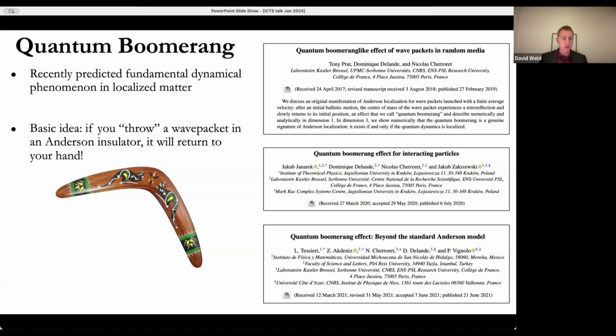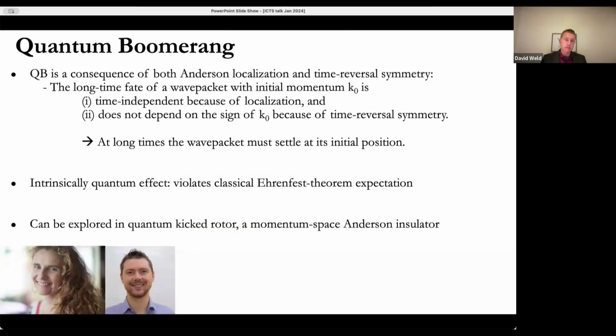I'll go into a little more quantitative detail on that later, but basically this is the idea that if you throw something away from you, it's going to come back to you and come to rest right at your feet. And the reason for this is actually super simple. It's a consequence of just two things, Anderson localization and time reversal symmetry, and it depends on both of those.